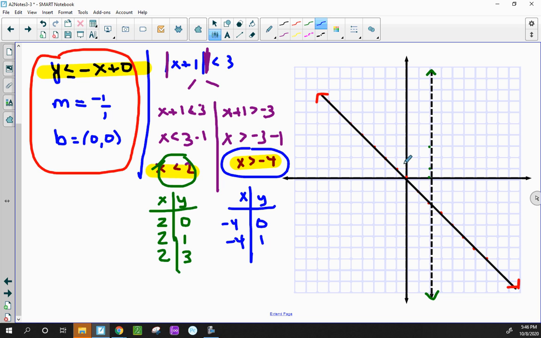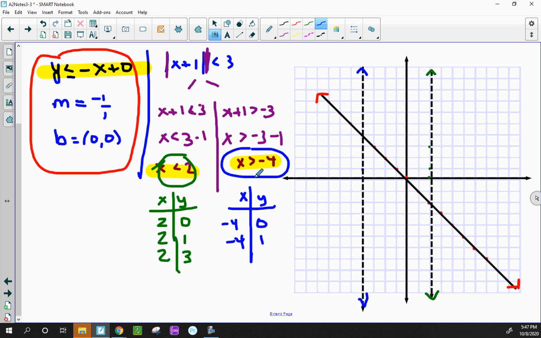Go to your graph paper and plot negative 4, 0, negative 4, 1, and so forth. Symbol does not say equal, so again, I need a dashed boundary. Grab my blue here, and this line represents this inequality.